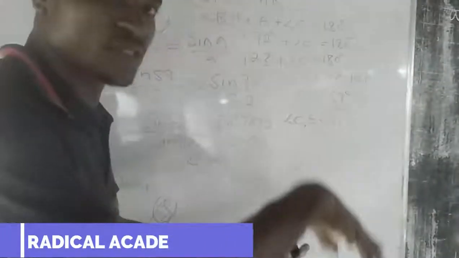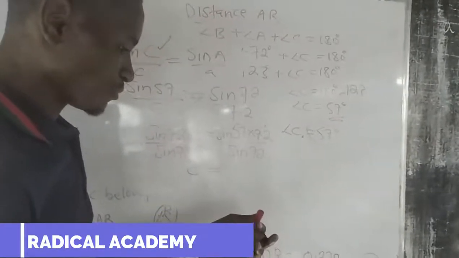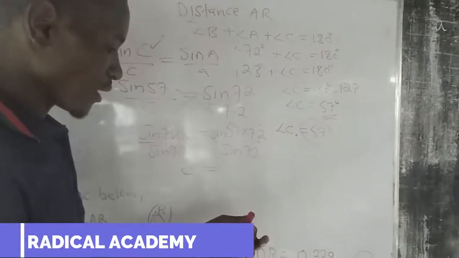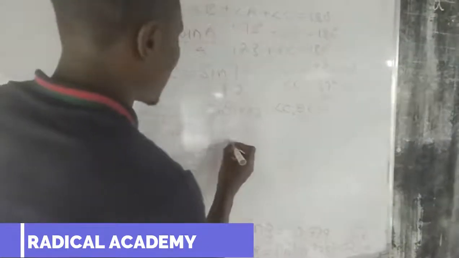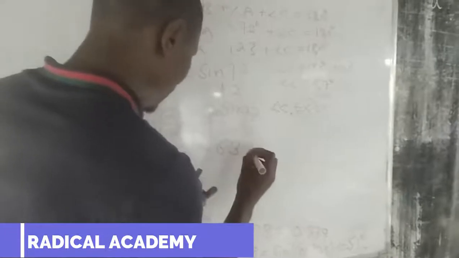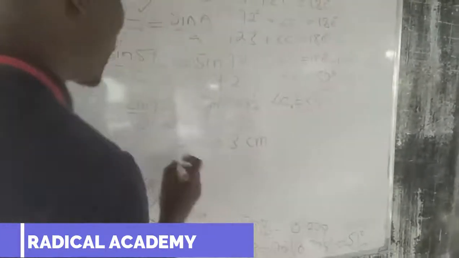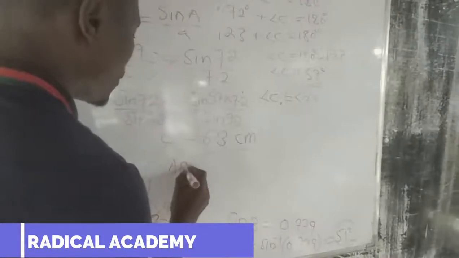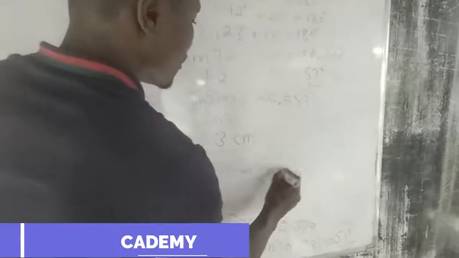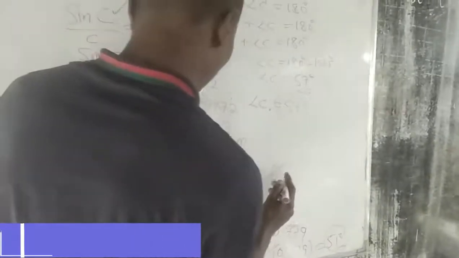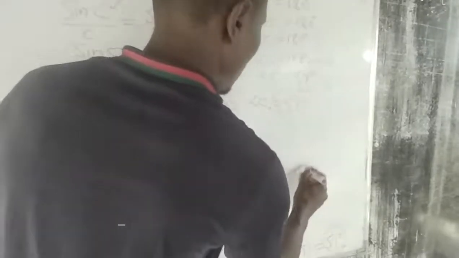And then finally you divide by sine 72. So our answer is 6.3 centimeter. Therefore, AB equals 6.3 centimeter.